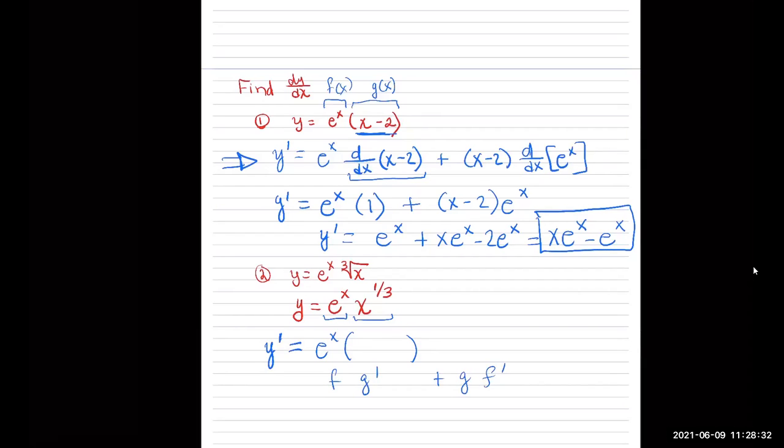And the derivative of x to the 1/3. We drop the 1/3 down front, decrease the exponent by 1. And then I have the second function, which is x to the 1/3, times the derivative of the first, but the derivative of e to the x is just e to the x.